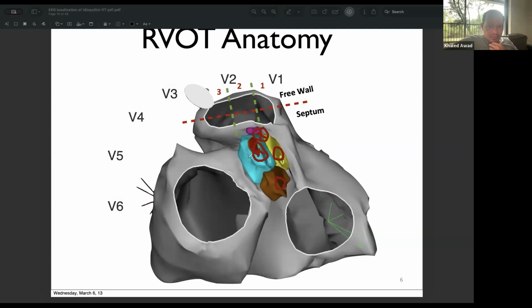There are PVCs that come from the left cusp, from the right cusp, and from the junction. Well, the junction is very distinct. Also notice that the junction of the right and left coronary cusps is right behind the middle of the septal aspect of the RVOT. A lot of these actually come from in between, and you have to ablate from both sides.